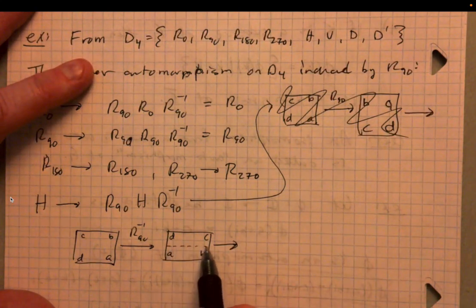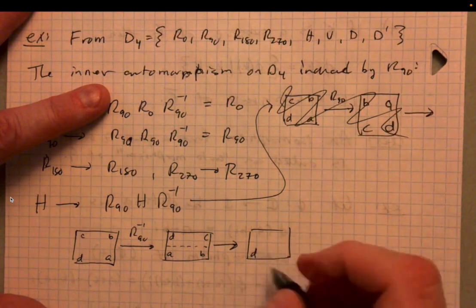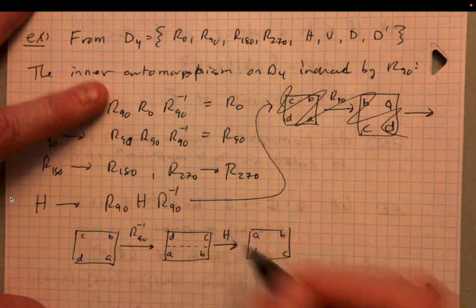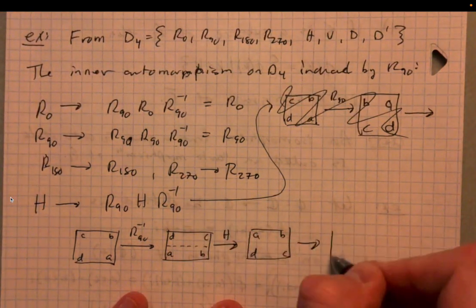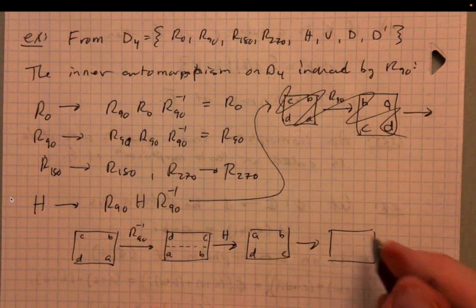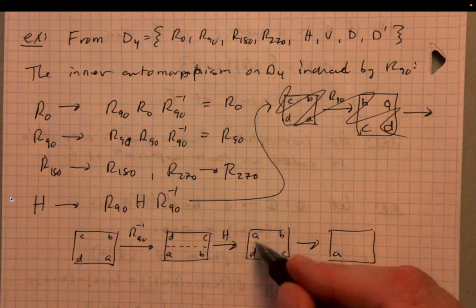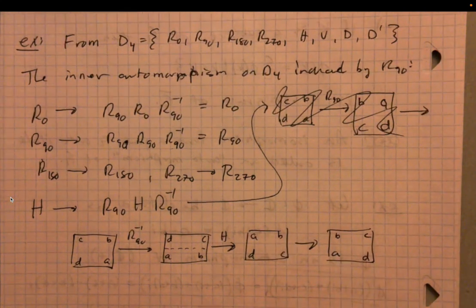So that means I'm going to flip it like this. And so I get D, C, A, B, right? This is H. And then I'm going to do a 90-degree rotation. Okay, and so that means I get A goes down, B goes over, C goes up, D goes over.